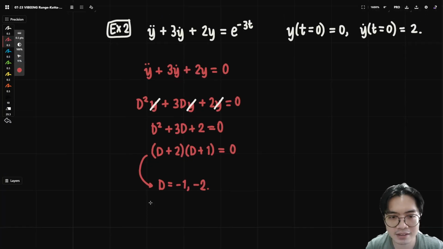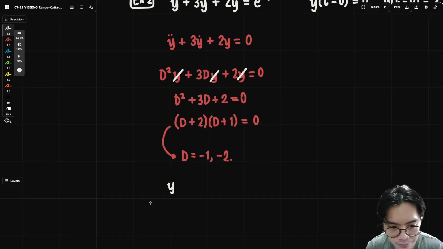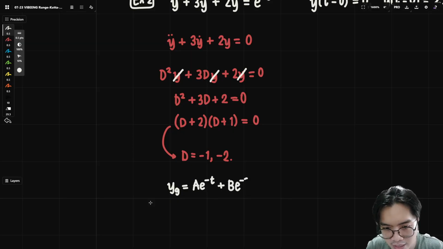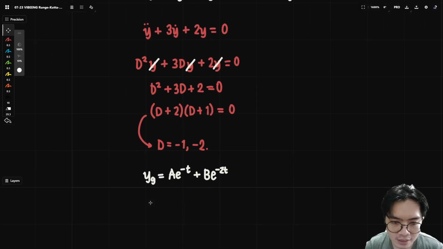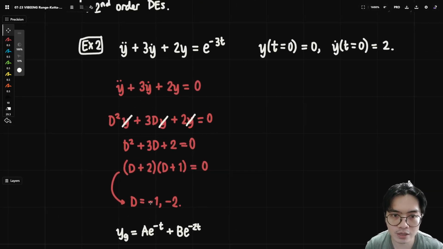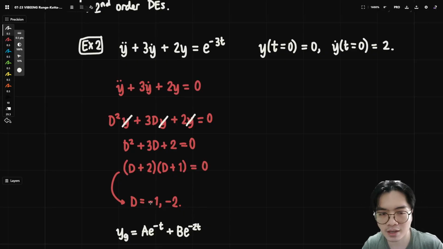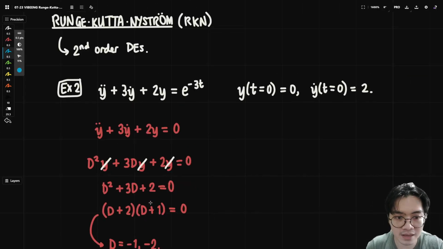Meaning, our general solution will be A e raised to negative t plus B e raised to negative 2t. Okay? Looking good so far. So, before we go on and find the particular solution, we will develop a guess for our complementary solution.